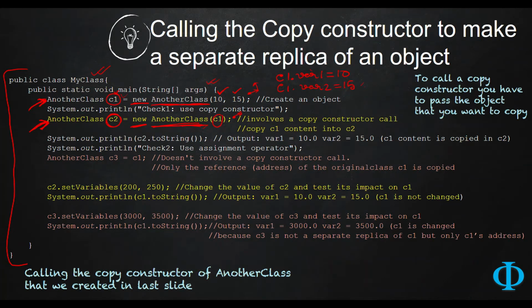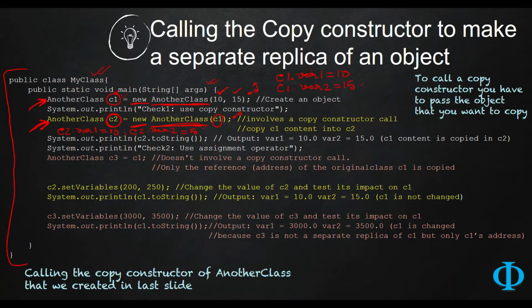So after this line of call and after the copy constructor is executed, it will be like C2.var1 equals C1.var1, because you just copied, equals 10, and C2.var2 will get the value 15.